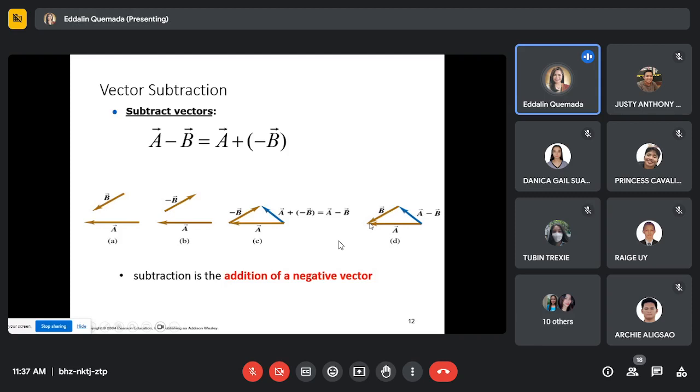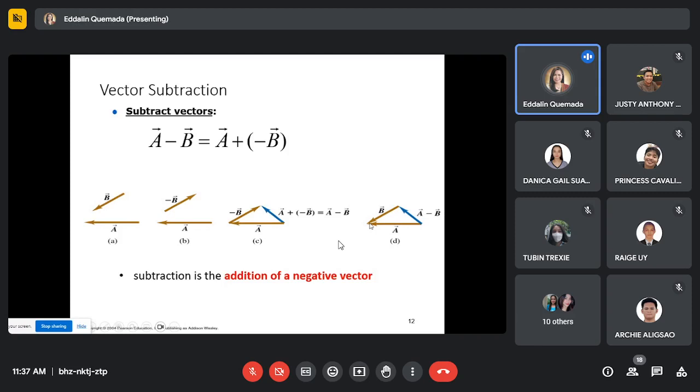In this given case, this shows the idea of vector subtraction. Okay? Scenario C is vector addition, but in this case, the vector being added, class, is the negative of vector B.